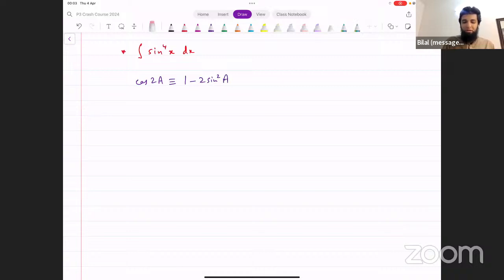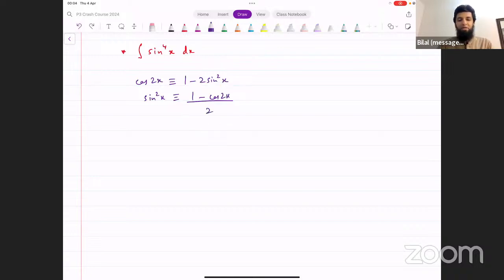Or we could write it in terms of x: cos 2x is 1 minus 2 sine square x. Now from this, we can make sine square x the subject. That gives us 1 minus cos of 2x divided by 2. Sine square x equals this thing.